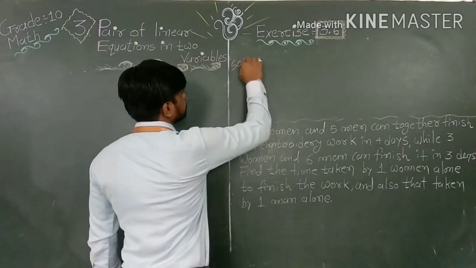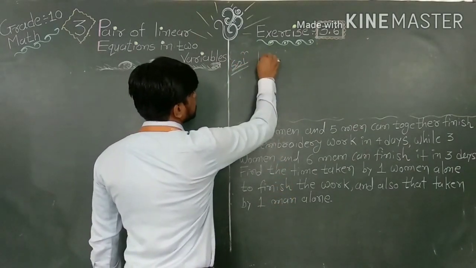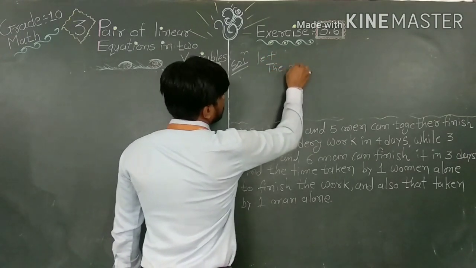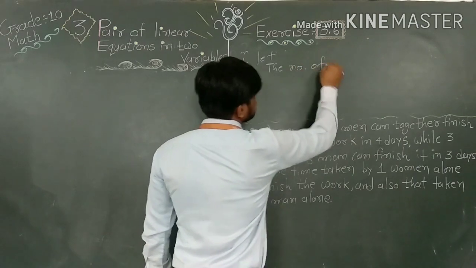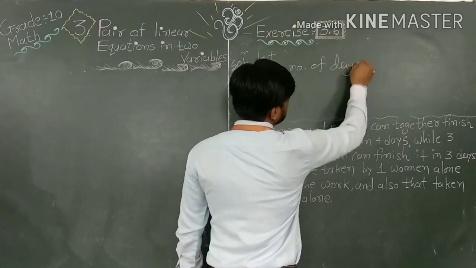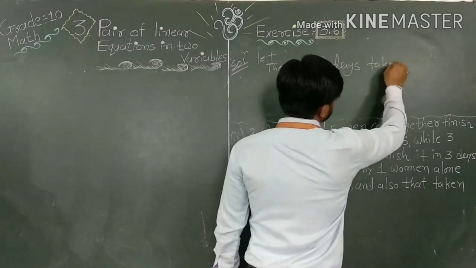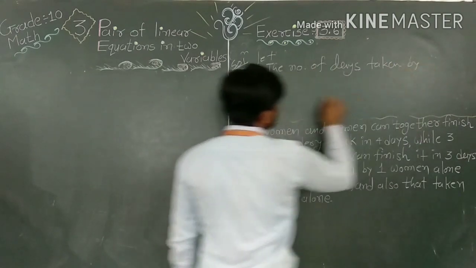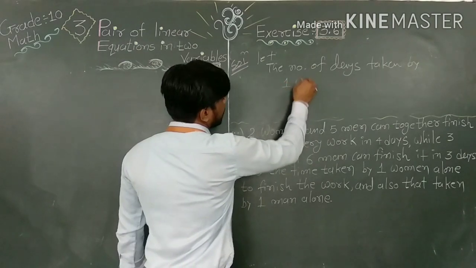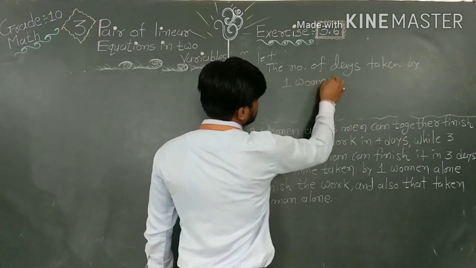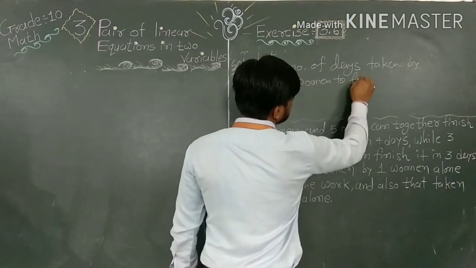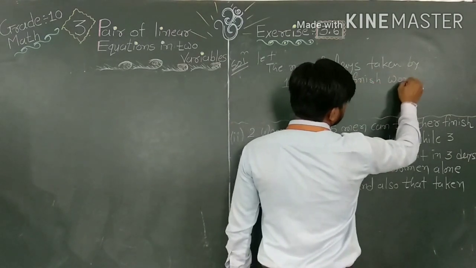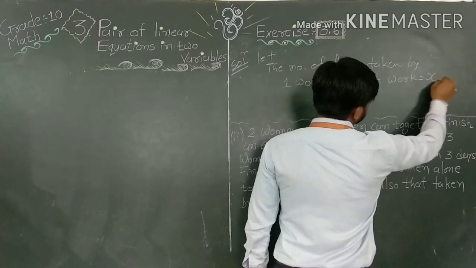So let the number of days taken by one woman to finish the work be equal to x.